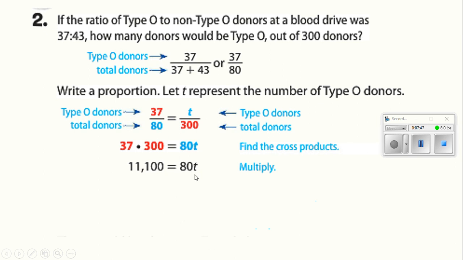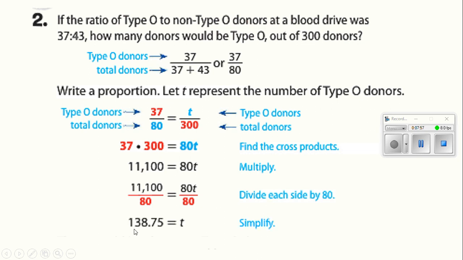That means we have to divide 80 out from both sides, and if we do, we know that t will equal 11,100 divided by 80, and that gives us 138.75. But remember, we're talking about people, and there's no such thing as 0.75 people. I know you might be thinking, well, how about a person missing an arm? Well, that's still one person. So we need to round up to 139 type O donors.